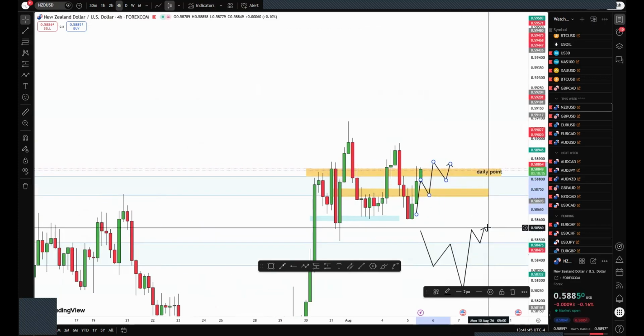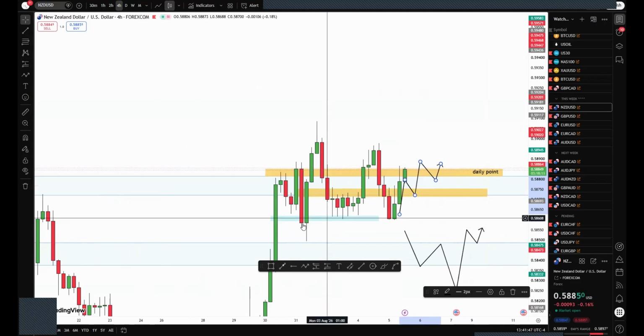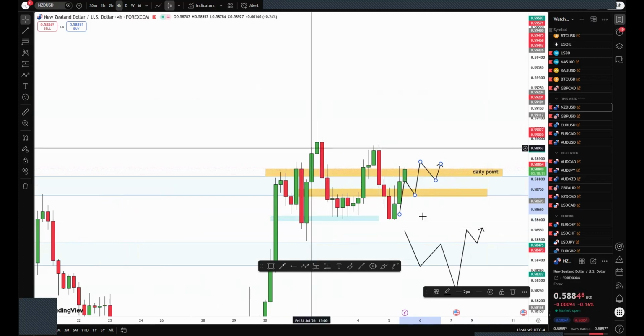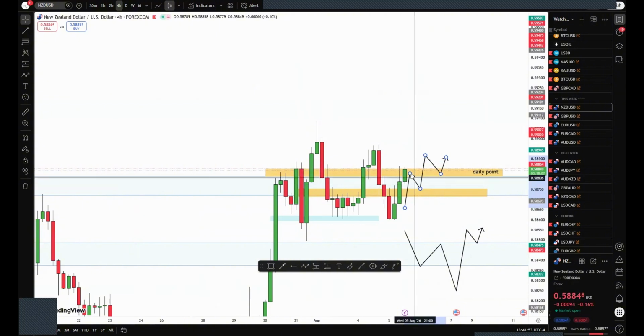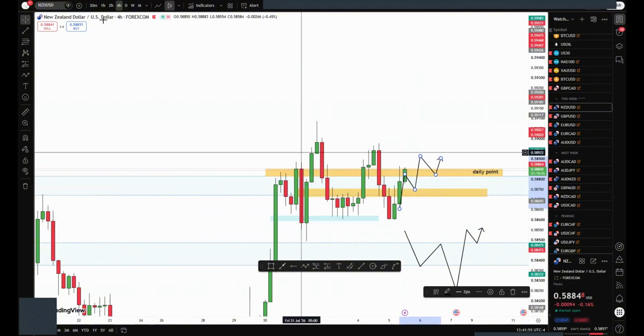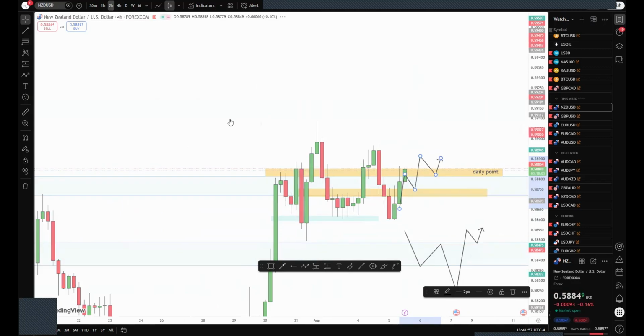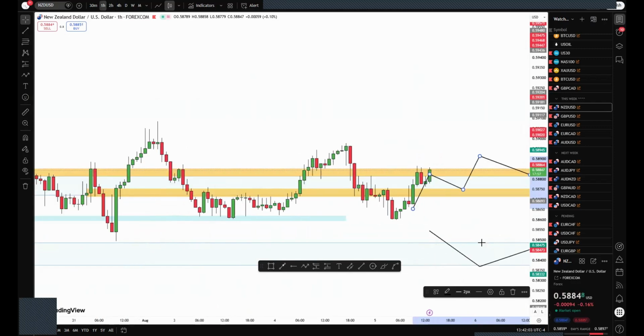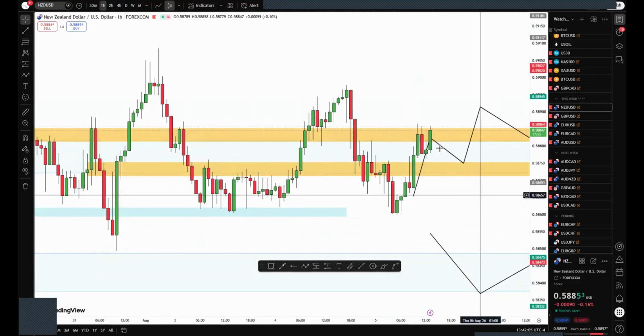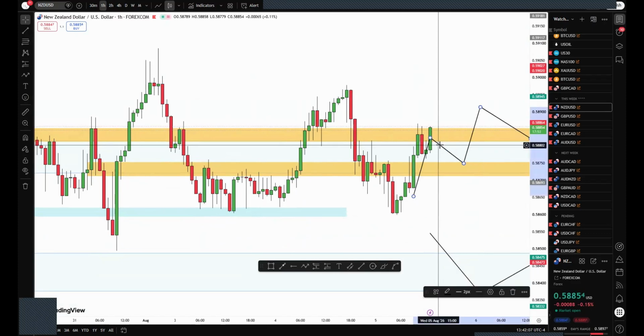So as you can see, this trade, price has still maintained the bullish side, so it's still buyable. You can wait for price to get out of that level. And I think the best time frame you can use is the 1 hour.